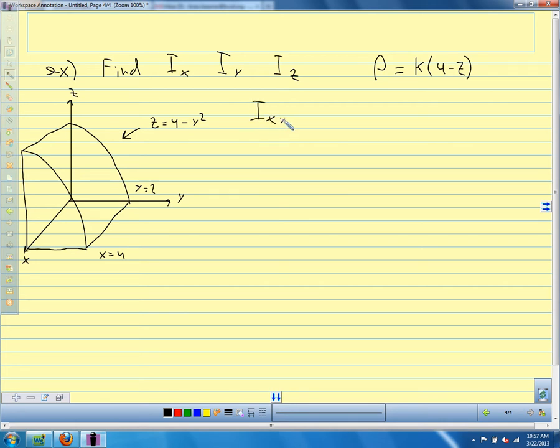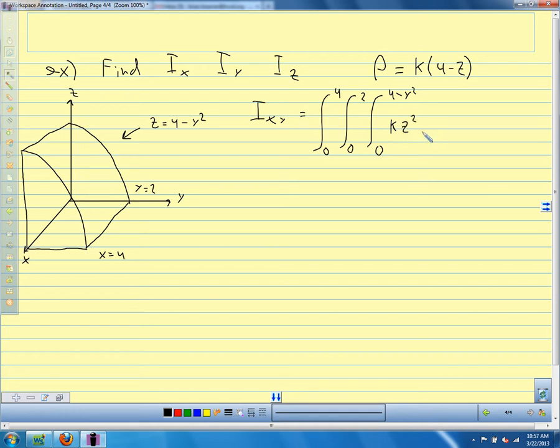So I sub xy equals the integral x equals 0 to 4, y equals 0 to 2, z equals 0 to 4 minus y squared, and our density function k, and we're about the xy plane.